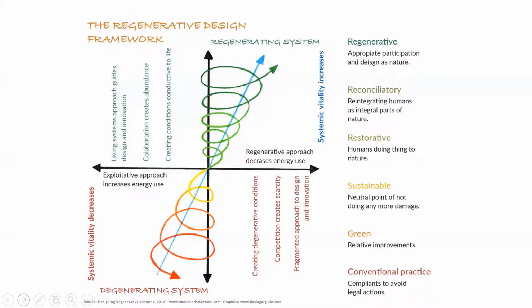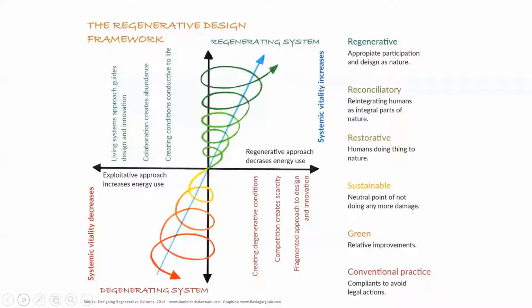So basically over here, there's an exploitative approach that increases energy use, and we don't want that. There's a degenerative system that looks at creating degenerative conditions, competition to increase scarcity, fragmented approach to design and innovation, meaning you're not looking at things as a whole, you're not connecting ecology, economy, and people.